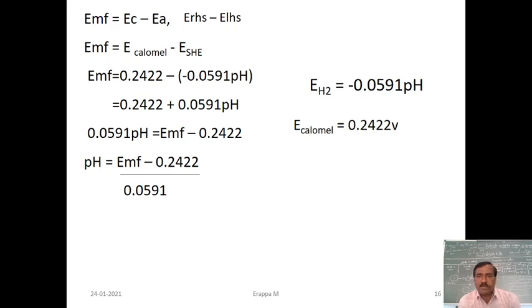The E of calomel value is given. It is a secondary reference electrode. Its value for saturated solution is 0.2422. Therefore, pH is equal to EMF minus 0.2422 divided by 0.0591.